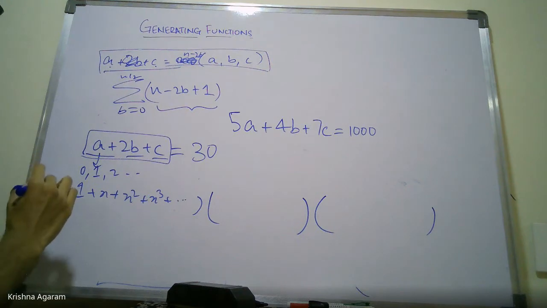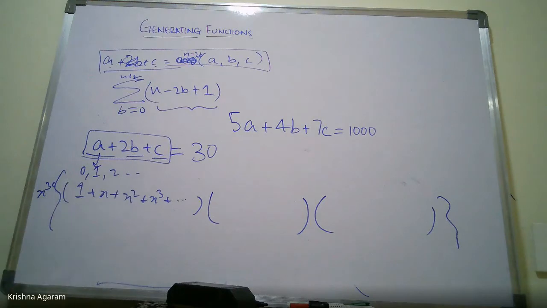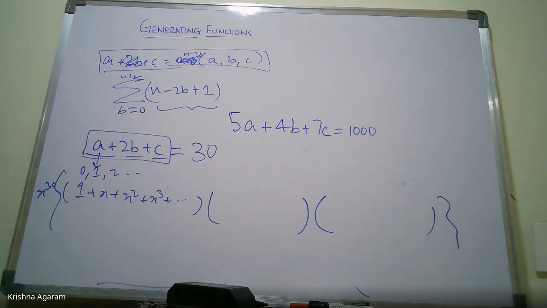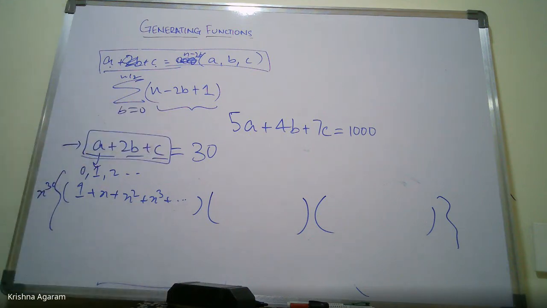So basically you just want x power 30 of some way to represent what these values can take. Then the coefficient of x power 30 is just in how many ways can you get x power 30. Each time you get an x power 30, and for each possible ordered triple a, b, c such that that condition holds, you get an x power 30 because you get an x power a plus 2b plus c, right? So each time it adds one more, and finally x power 30 of that is basically the total number of ways. And now getting coefficients is easy.